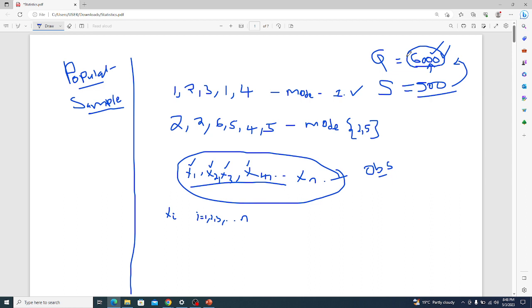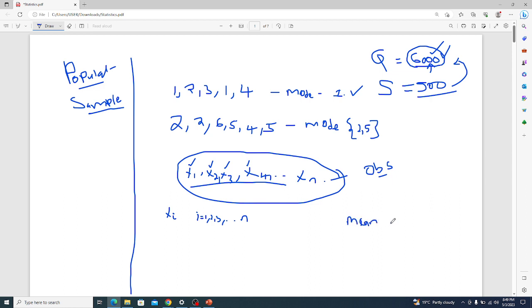We have the population, the whole data set which you are trying to study. Then we have a sample, which is a portion of the population. And for population, we have the mean for the population.